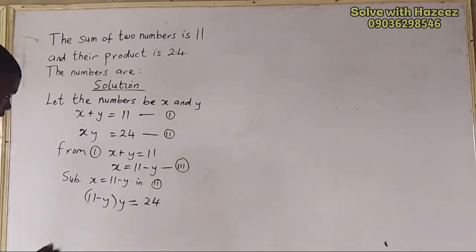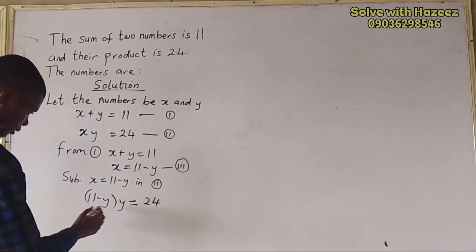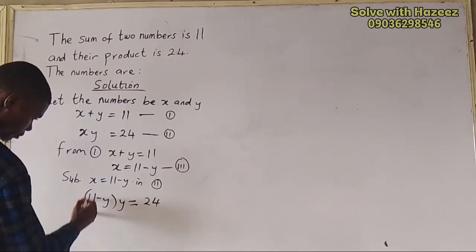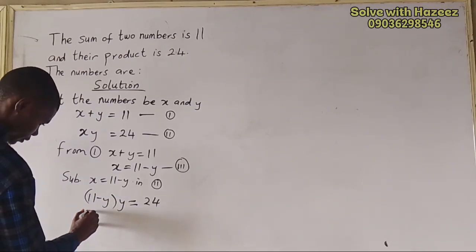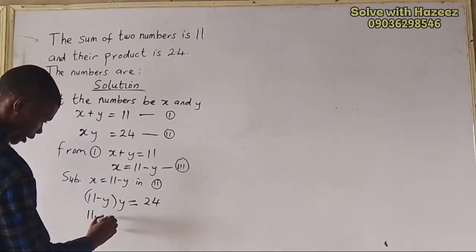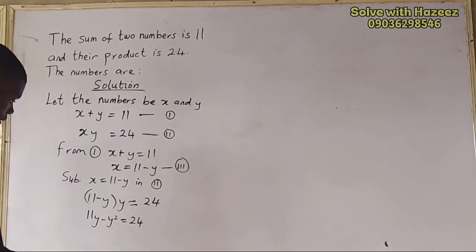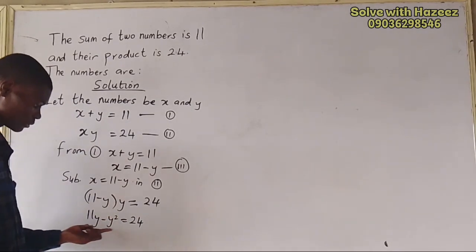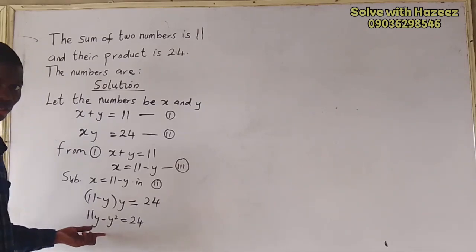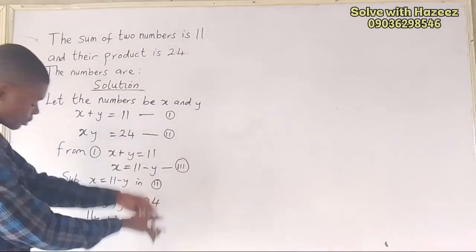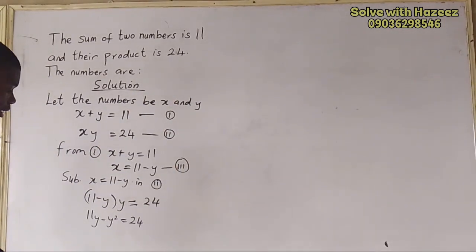So we can simplify this. Let's open the brackets. 11 times y, or y times 11, we have 11y minus y squared is equals to 24. For the fact that we are having negative y squared, we can bring all these terms into the right hand side.